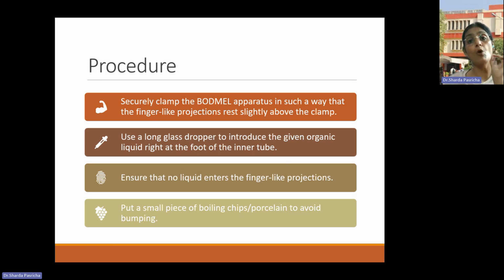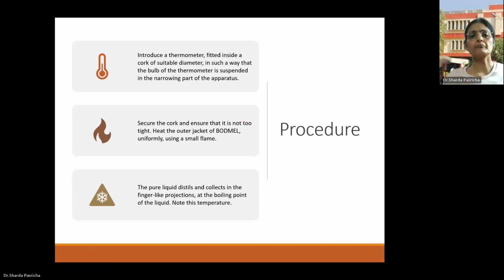A small boiling chip or a porcelain chip is put to ensure uniform heating and prevent any sort of bumping from taking place. Then you introduce the thermometer fitted with the cork in such a way that the bulb of the thermometer is in line with the finger projections. Secure the cork and ensure that it is not too tight.